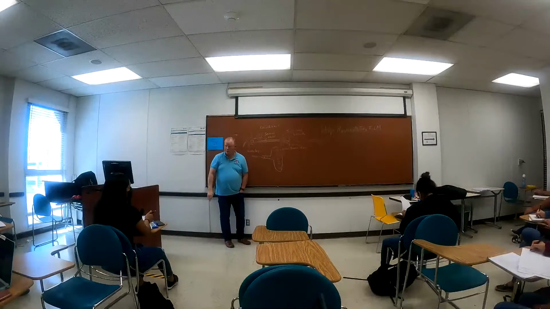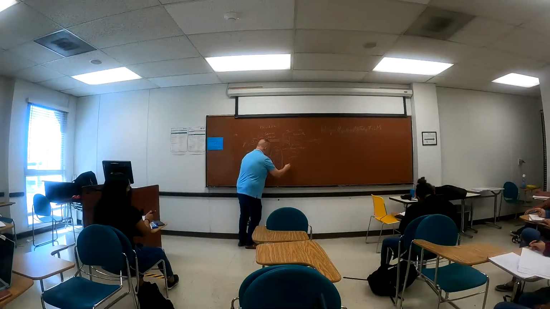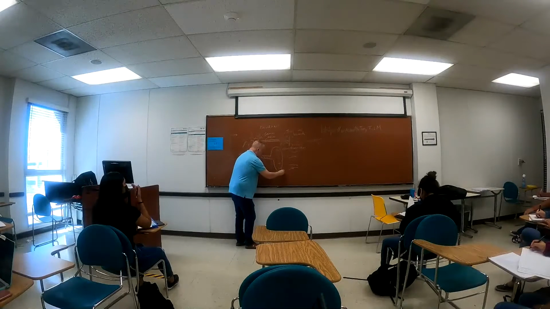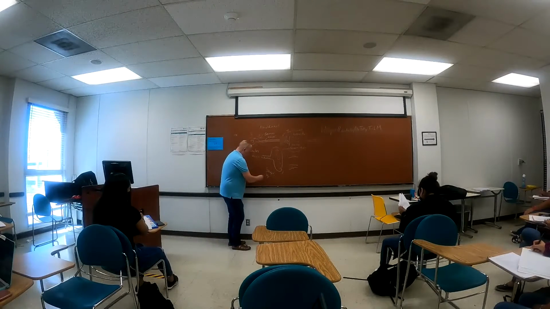So we'll just open it up for argument's sake so that you can pretend these are dendrites from another cell. This is called the synaptic gap, or synaptic cleft, if you're a medical professional.